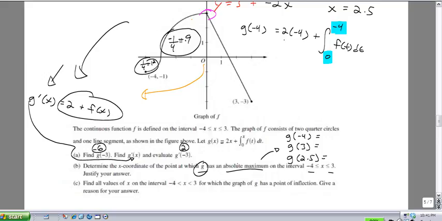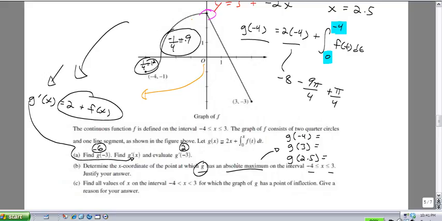So g of negative 4 is negative 8, and then negative 9 pi over 4 plus pi over 4. Sorry, we said it's positive area.